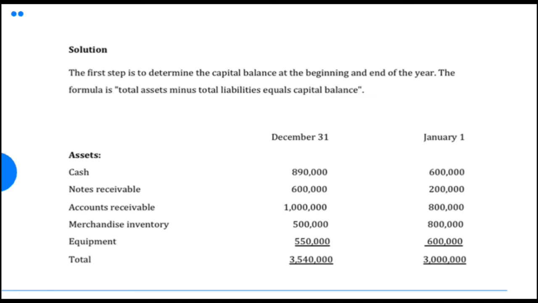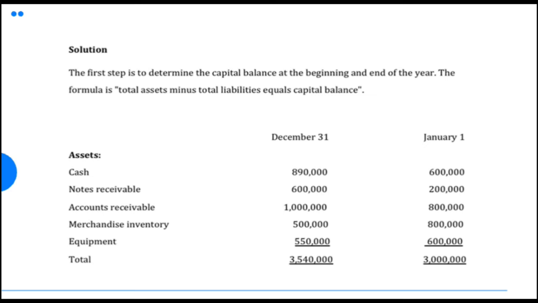Ang assets ng December 31 is cash, 890,000, notes receivable is 600,000, accounts receivable is 1 million pesos, merchandise inventory is 500,000, and the equipment is 550,000. Para makuha natin yung total assets, we need to add lang.